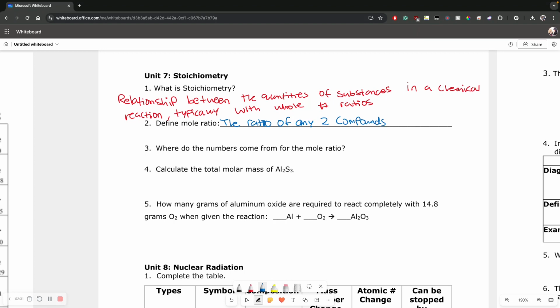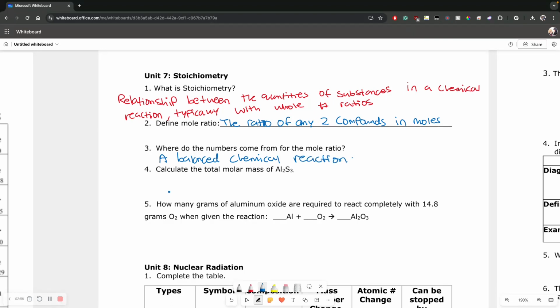It's called mole ratio for a reason. It has to be moles in moles. And we kind of answered this by saying it, but where do the numbers for the mole ratio come from? A balanced chemical reaction.